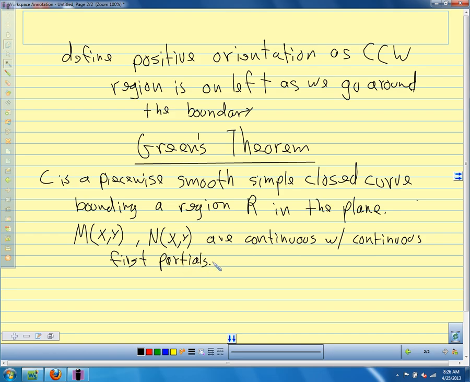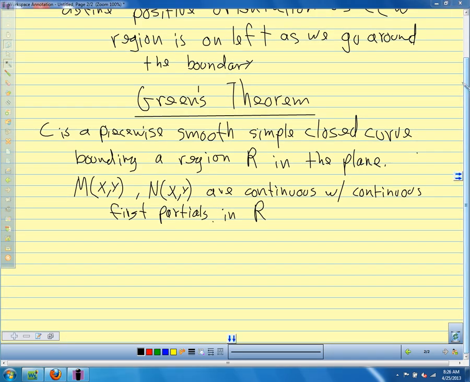So we're working with nice functions, as long as they have continuous first partials in our region. They could be not nice outside our region; we're not worried about that.